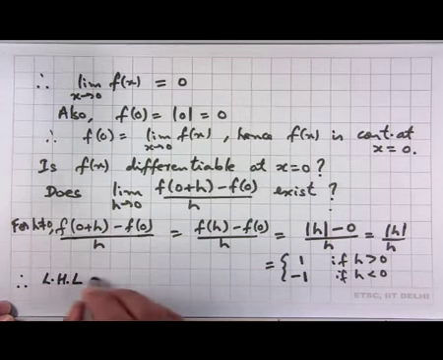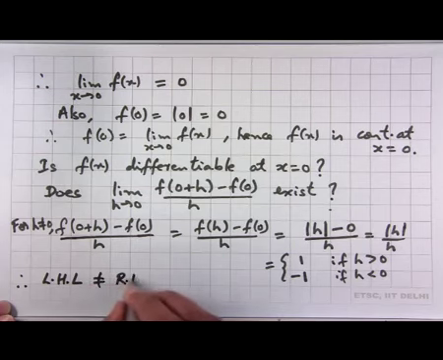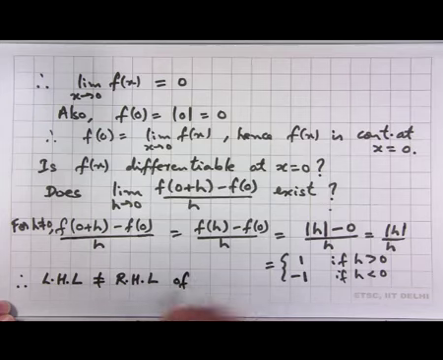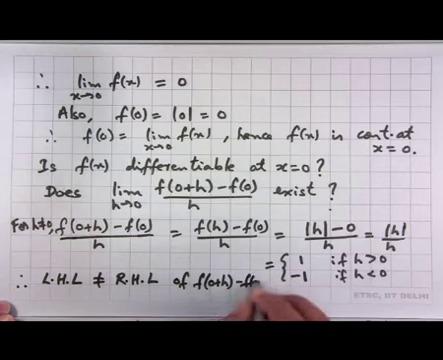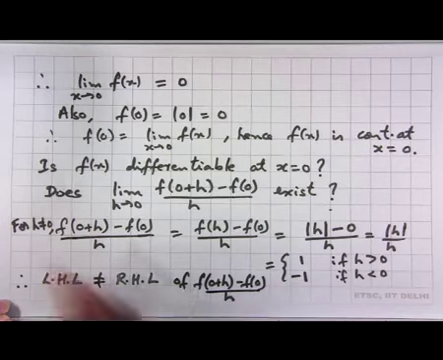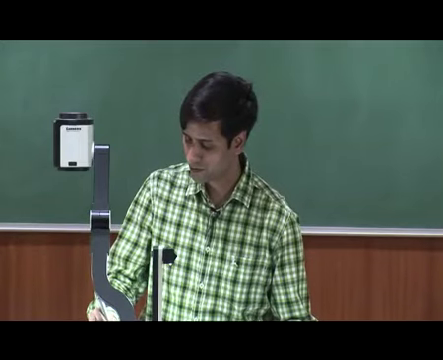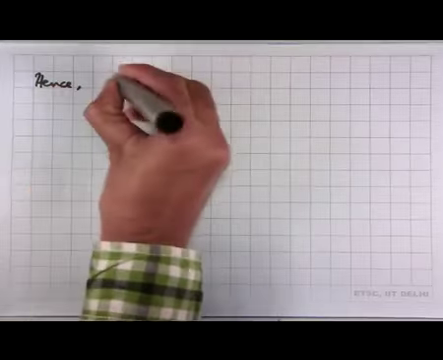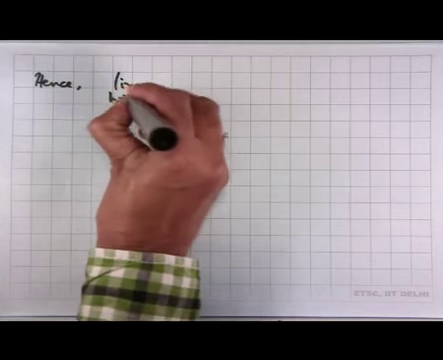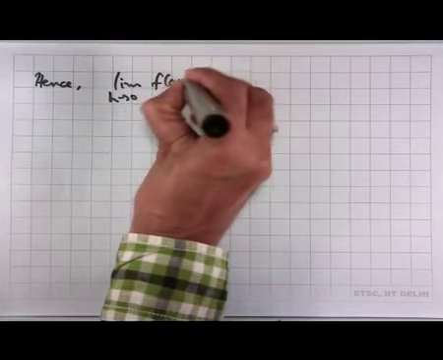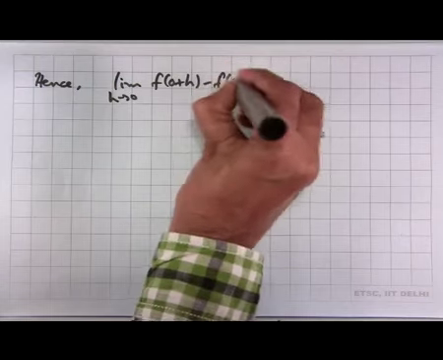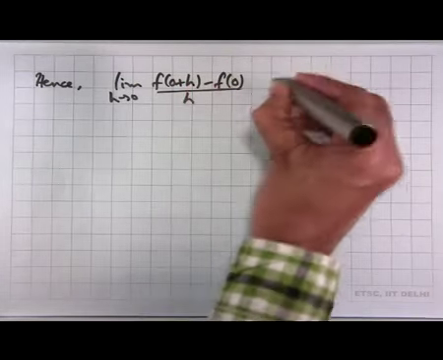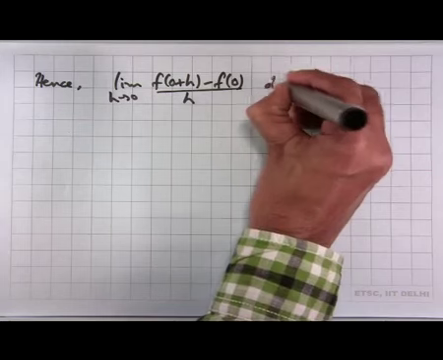So, therefore, the left hand limit is not equal to the right hand limit of f of 0 plus h minus f of 0 divided by h. So, we conclude that this limit as h going to 0 of f of 0 plus h minus f of 0 divided by h does not exist.